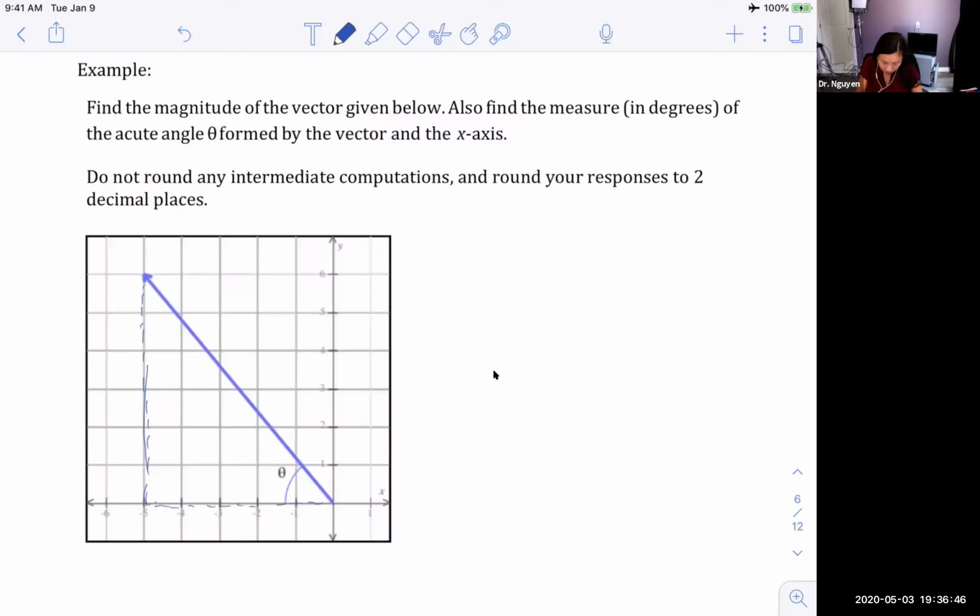And you can read it. So for this one right here, it's going to be -5, and this one right here is 6.